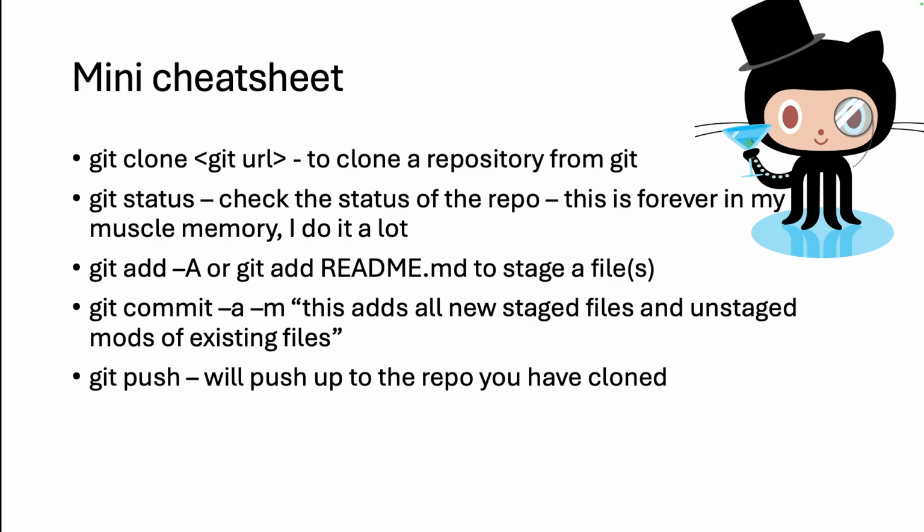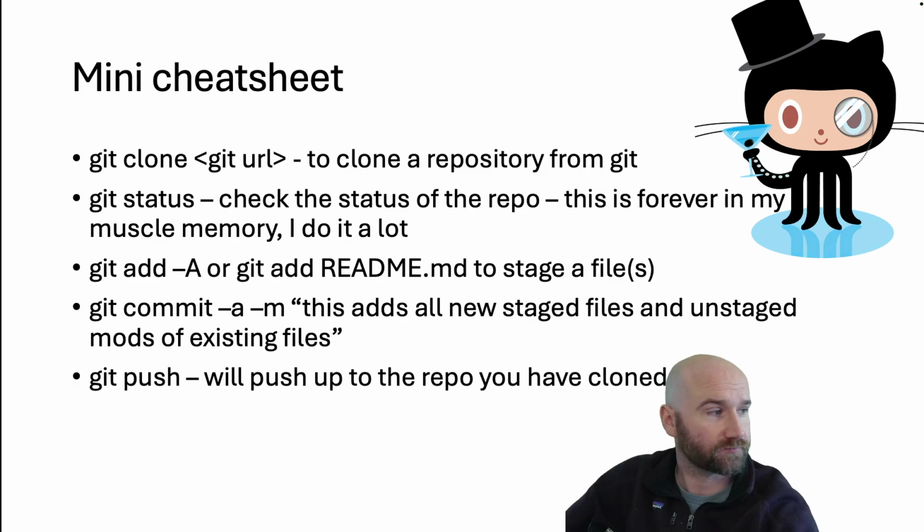But here's my mini Git cheat sheet. So put this somewhere in the bin if you want, I don't mind. But we git clone with a git URL to clone a repository from Git. Git status is now in your muscle memory forever. Check the status of your repo locally.